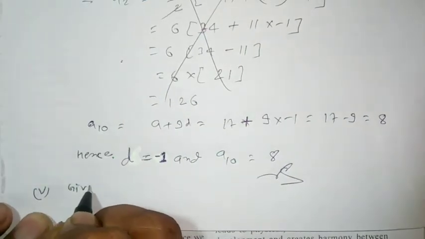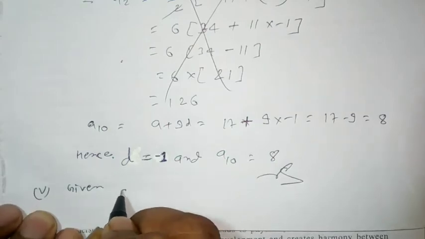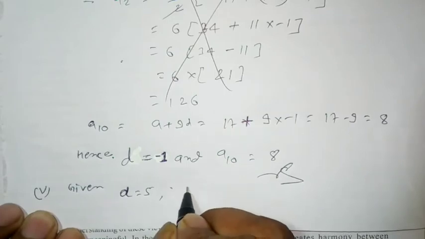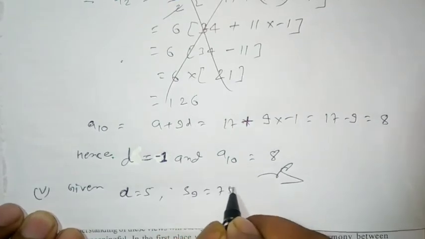Given d is equal to 5, S9 is equal to 75.